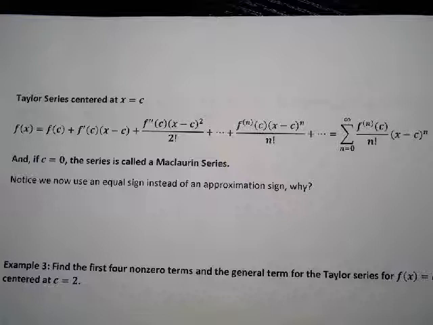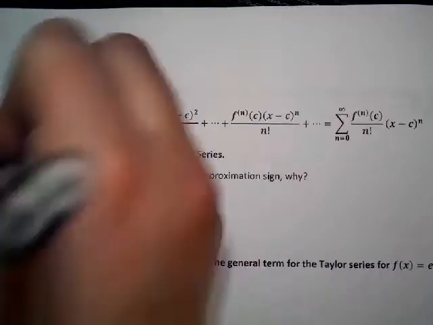As soon as I take this out to infinity, I'm no longer approximating it. I'm doing it exactly. If it was a 4th degree polynomial, it's an approximation. If it's a 3rd degree polynomial, it's an approximation. If I do this to infinity, it is no longer an approximation, it is equivalent. Does that make sense?